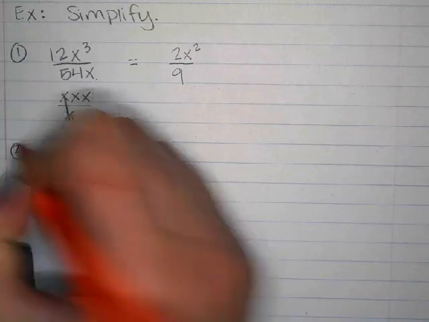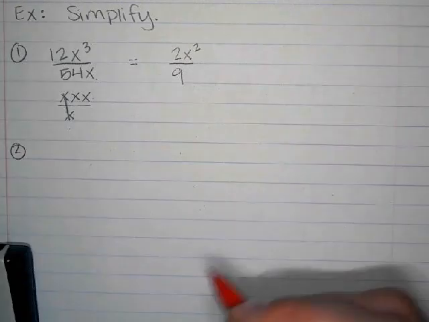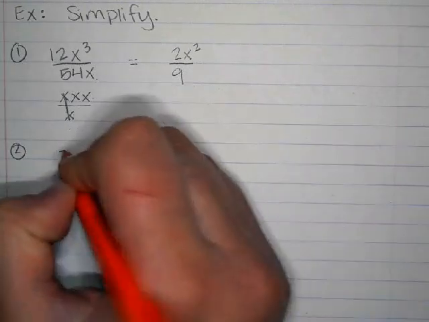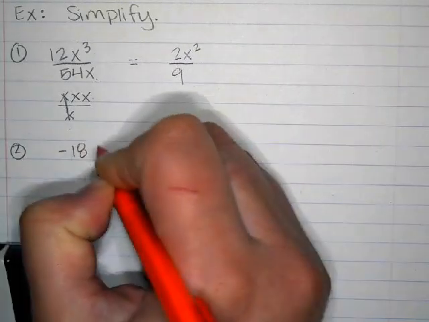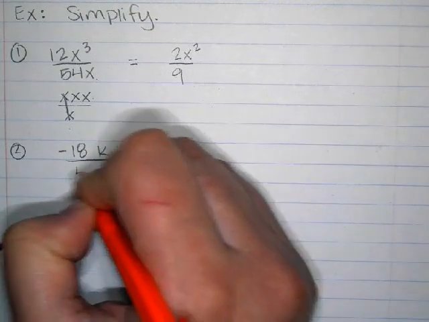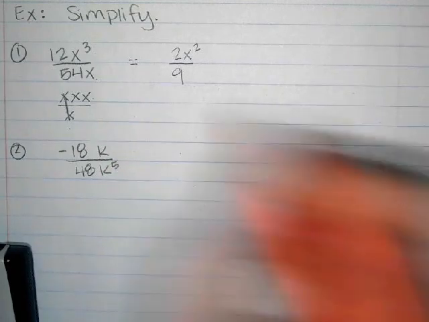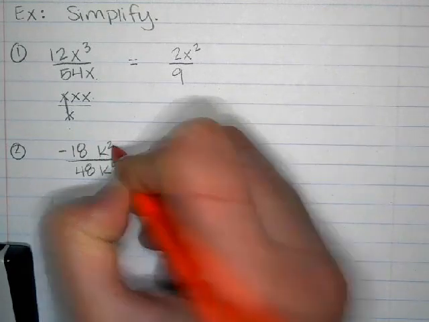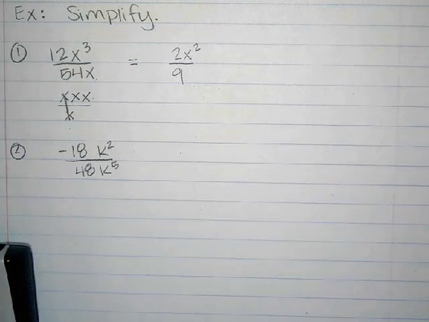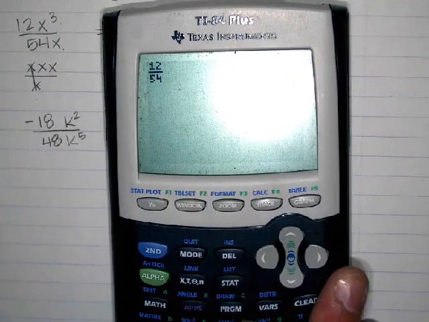All right, let's try another one. We're going to do negative 18k over 48k to the 5th. Actually, we'll do k squared. K squared over k to the 5th. So first, I'm going to take my calculator.